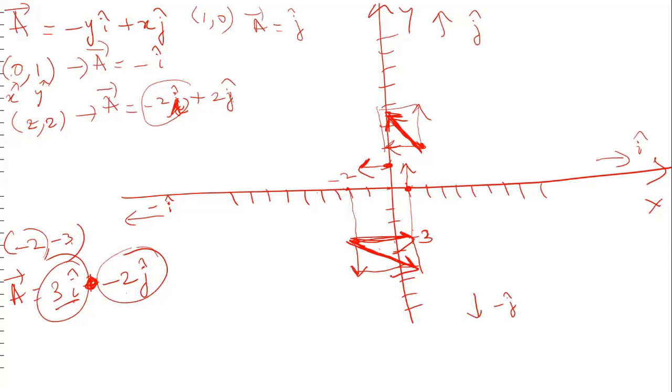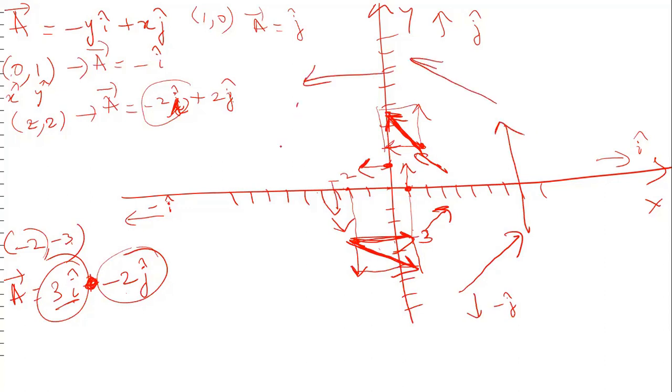So if you consider all the points here, closer to the origin you will have small vectors rotating, but away from the origin you will have larger vectors, something like this.